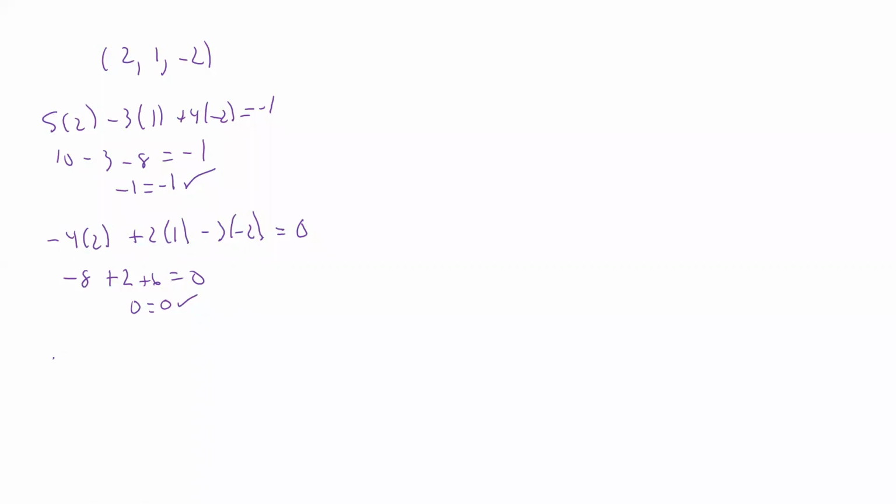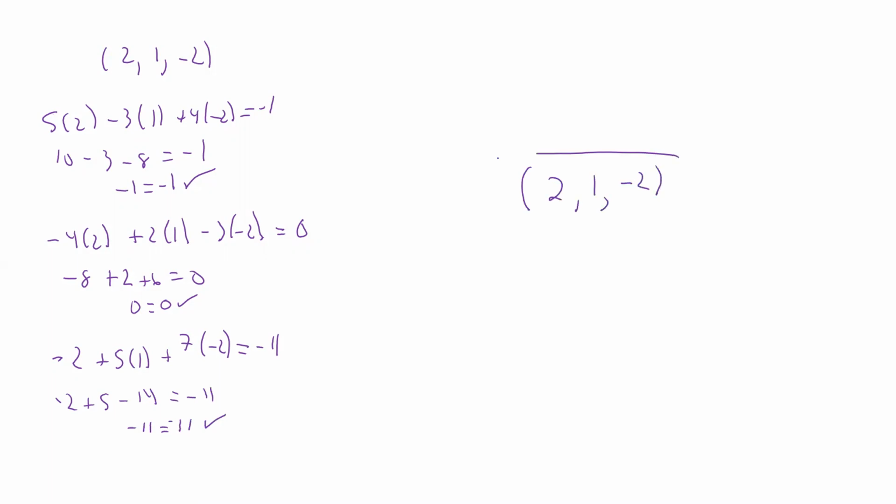And our last one was minus 2 plus 5 times 1, and plus 7 times negative 2, and that was supposed to be a negative 11. So minus 2 plus 5 minus 14. So minus 11, that's going to be a negative 11. And that works as well. And so our ordered triple really is 2, 1, minus 2.